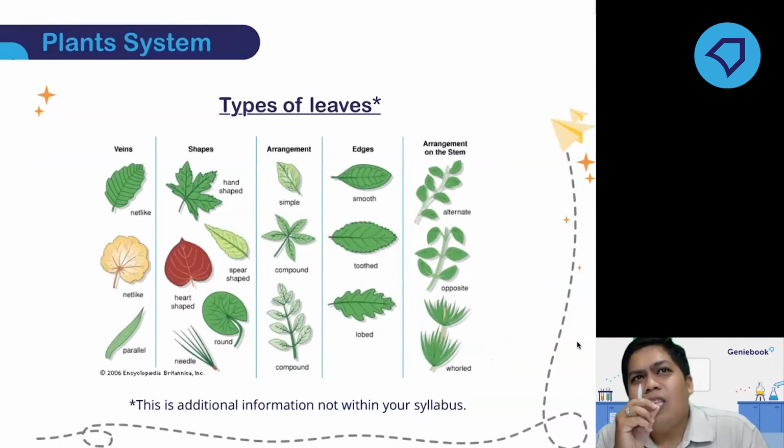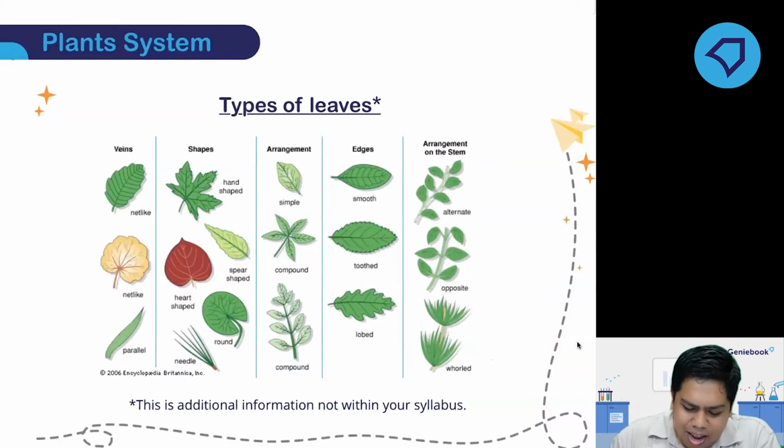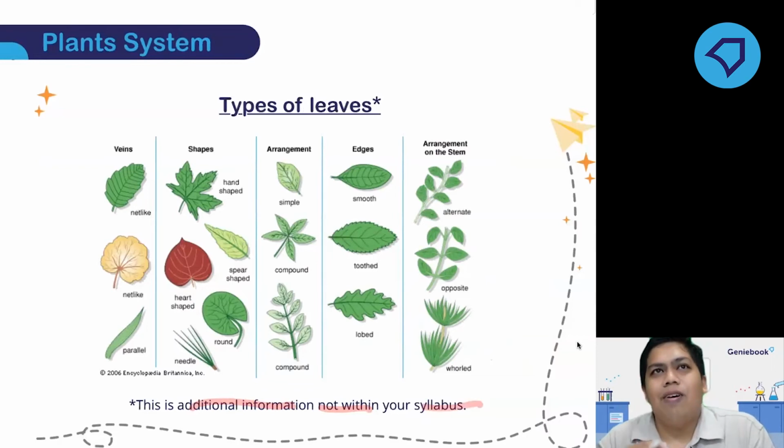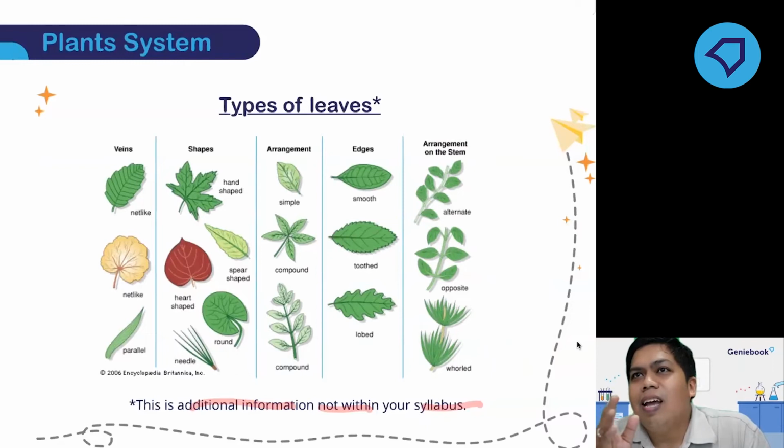This slide over here is additional information. Please take note, it is not within your syllabus, even for upper primary. Desiree Heng, so the word stomata is not tested. I think your teacher mentioned only the word stomata, not the tiny openings.